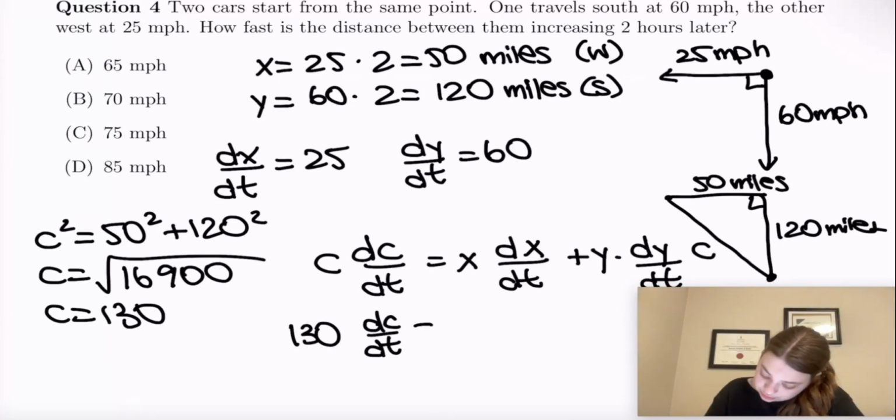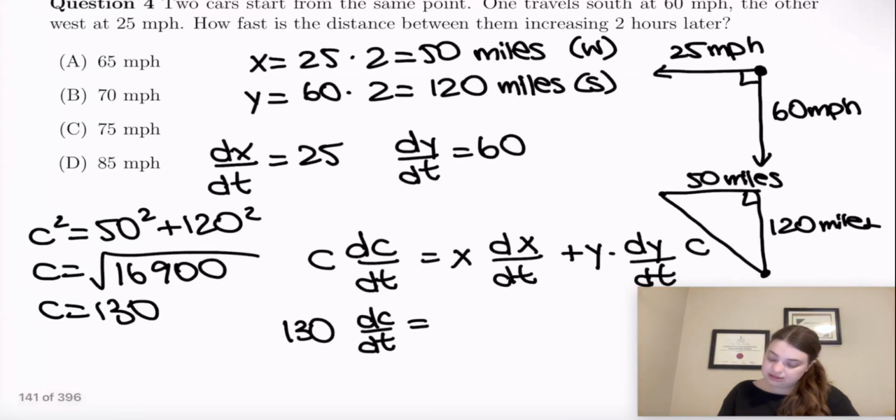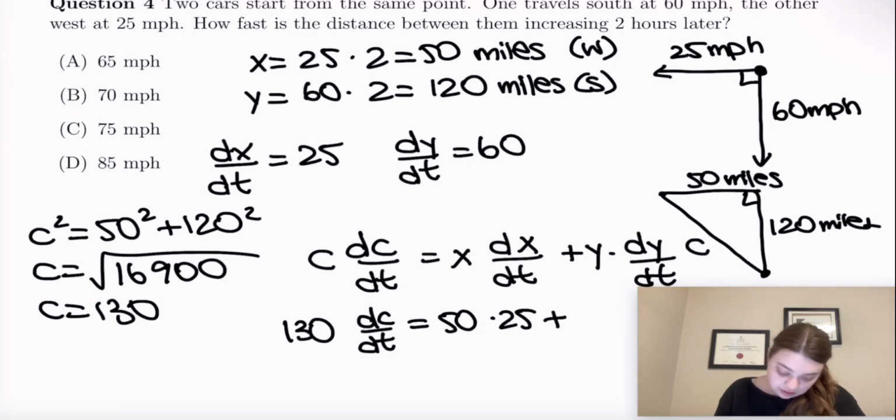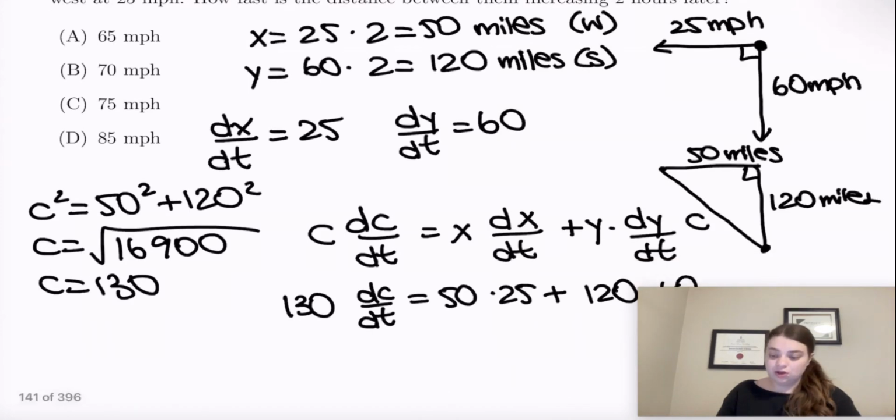And then that's equal to x times dx/dt. So x, our distance, is 50, times the rate of change, which is 25, and then plus y, so that distance would be 120, times the rate of change, which is 20, or sorry, not 25, it's 60 for this one. And then we're going to solve.